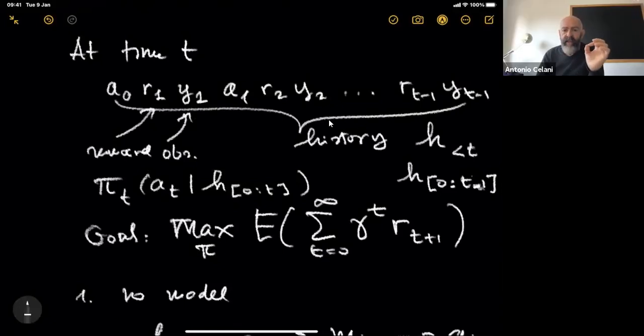Because when we have partial observability, we need to move out from the Markovian. There is a system underlying which is Markovian, but since we do not observe the states themselves, we just observe some projection of the state space, if you wish, then we have to deal with the fact that our decision making will not be Markovian. We'll have to rely on history.